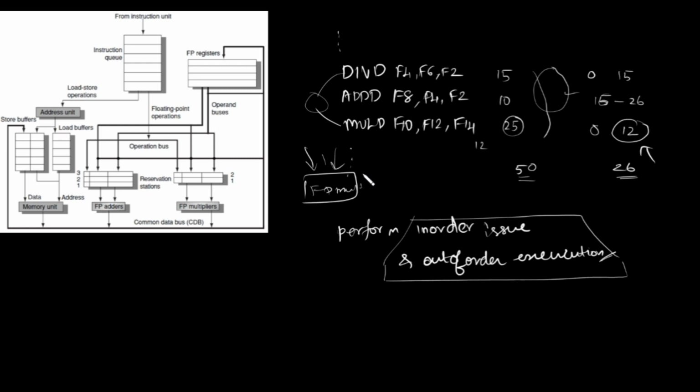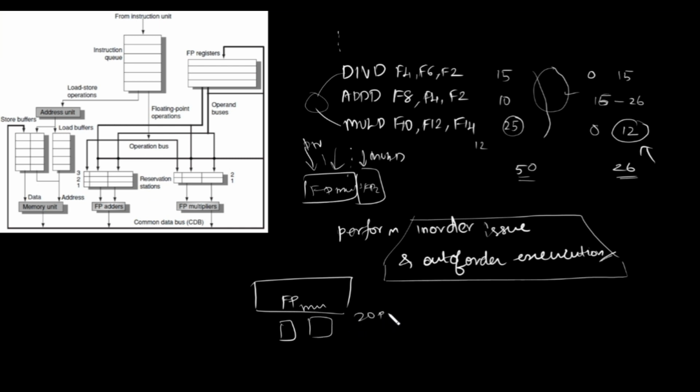I have to have another unit, say FP2, to schedule the div on one and the multiplication on the other, or it can have a single floating point multiplier that has pipelining in it. Say our floating point multiplier has a 20-stage pipeline.